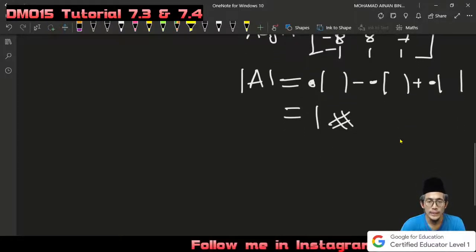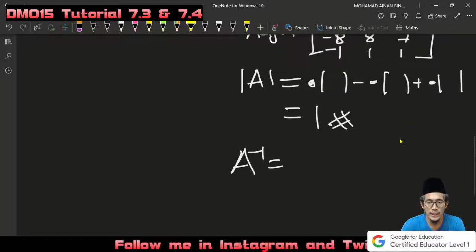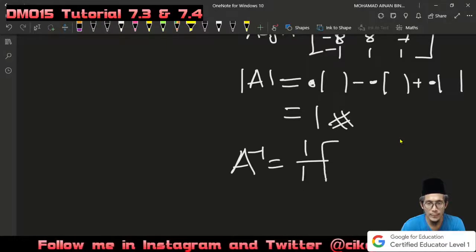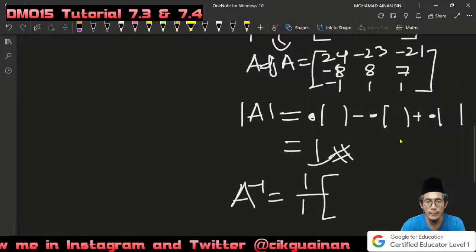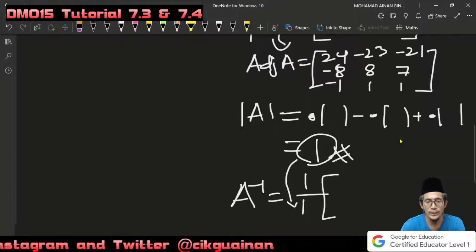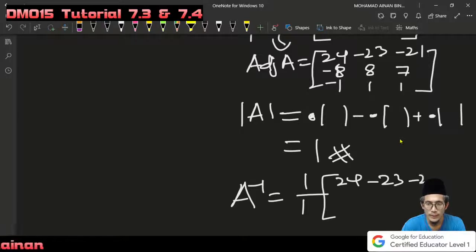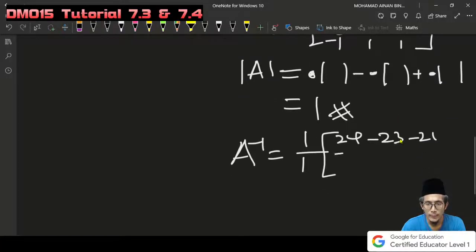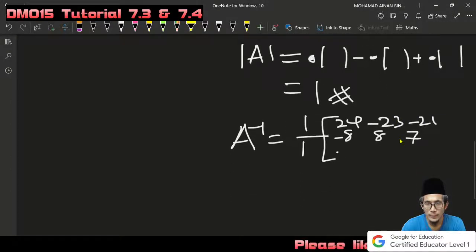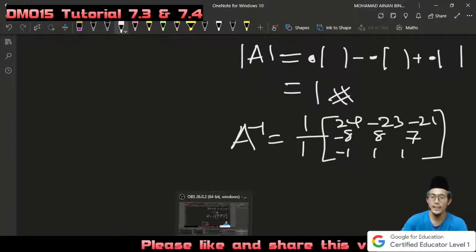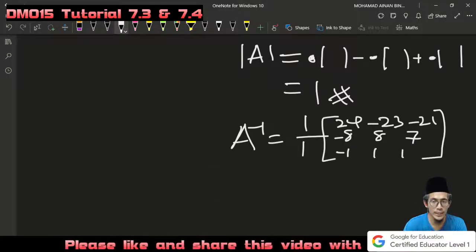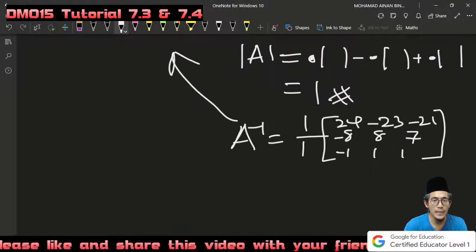Okay. Now, therefore, A inverse adalah 1 over 1. Mana datang 1 over 1? Sebab nilai 1 ni tadi dekat bawah ni. Okay. And then, 24, minus 23, minus 21, minus 8, 8, 7, minus 1, 1, 1. Okay. And then, this is the A inverse yang kita dah dapat. Apa nak buat? Bawa ke atas tadi.